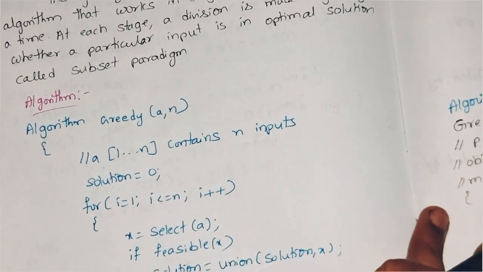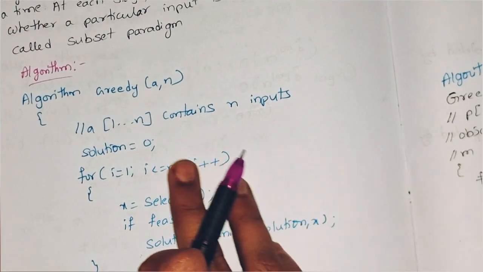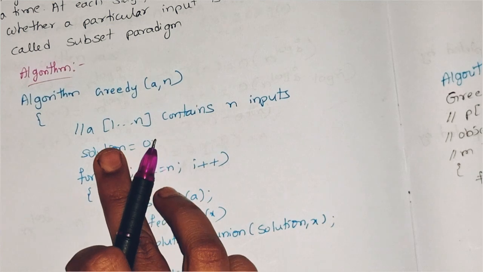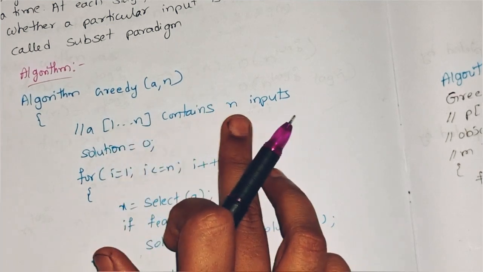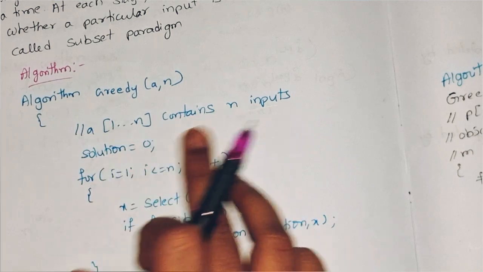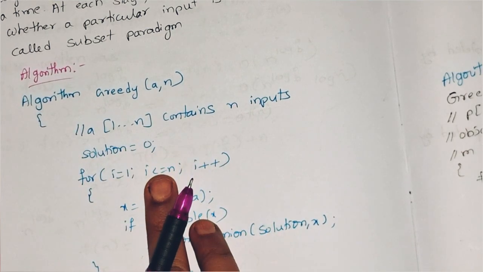Now let us see how the greedy algorithm works. Algorithm Greedy(a, n). Here a[1:n] are the n inputs that we are considering. We don't know the optimal solution yet, so we set the solution to 0.